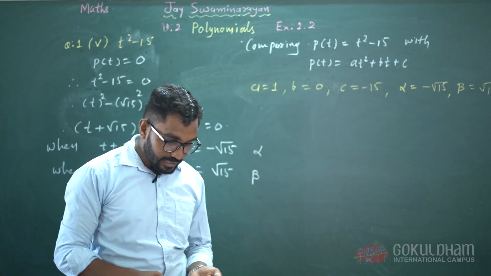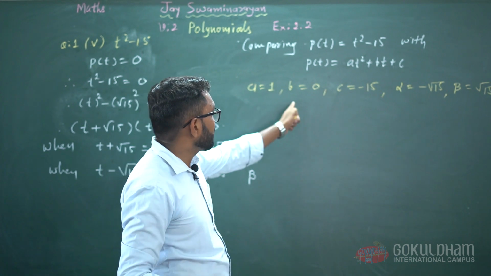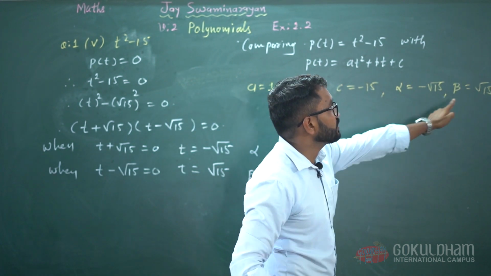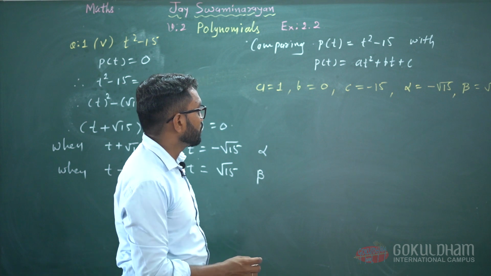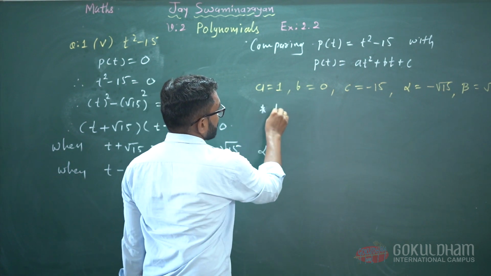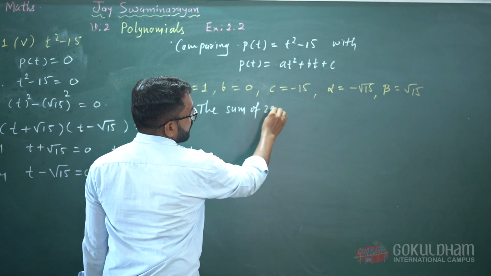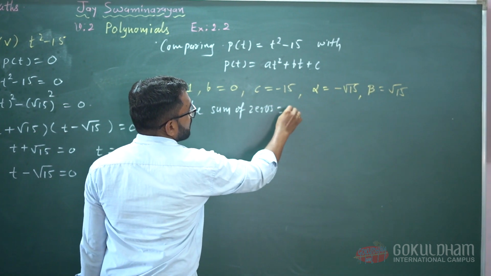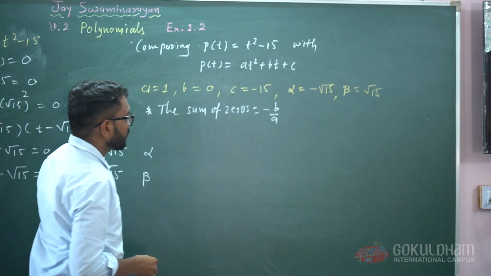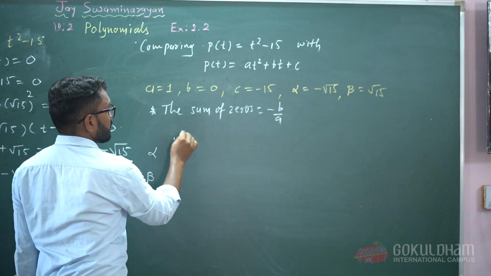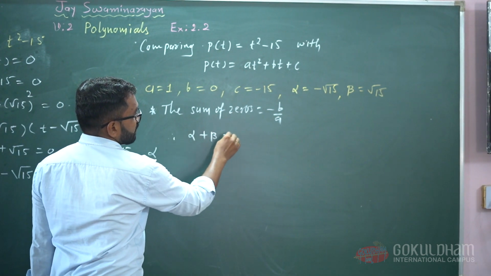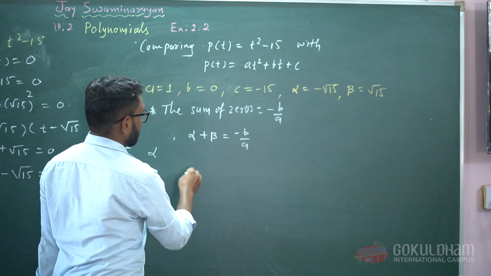Now find the relation between the coefficients and zeros of the polynomial. Our first one is the sum of zeros, equal to minus b by a. The sum of zeros means alpha plus beta equals minus b by a.